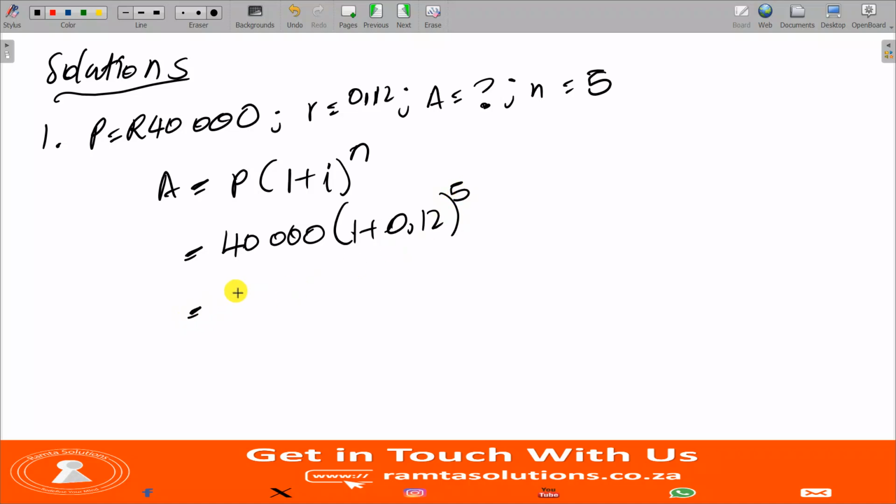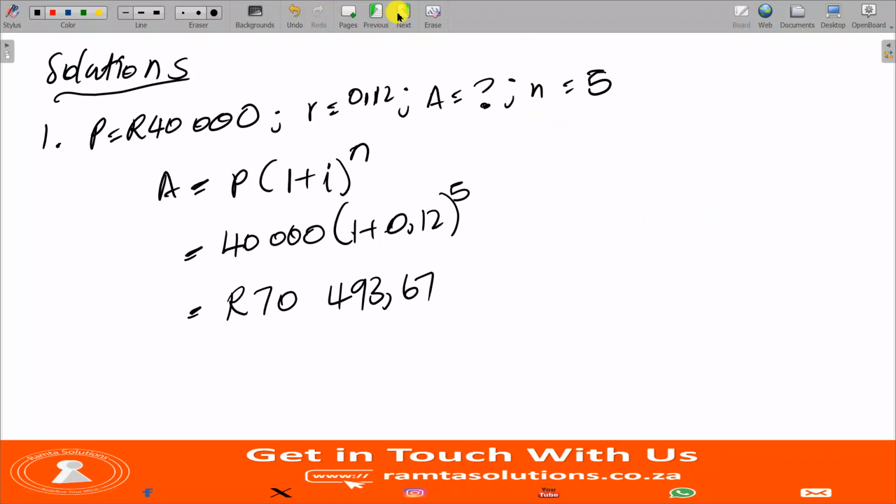Let's go. 40,000 rand multiplied by 1.12 to the power of 5. What do we get? Ooh, you're getting 70,493 rand and 67 cents.